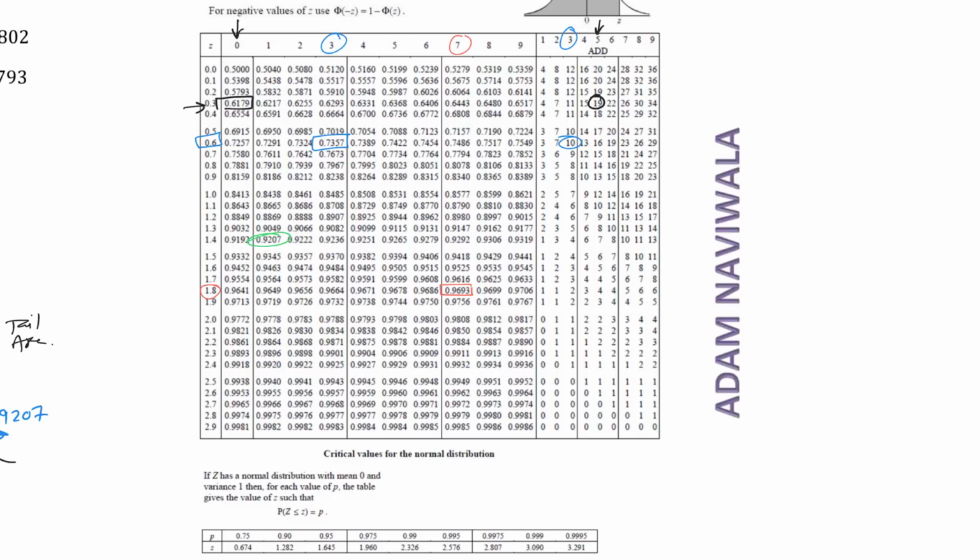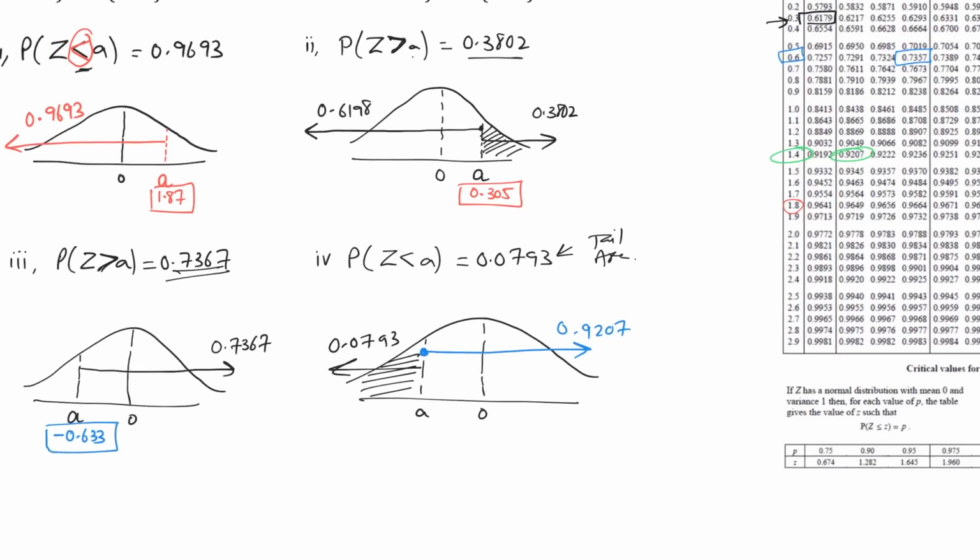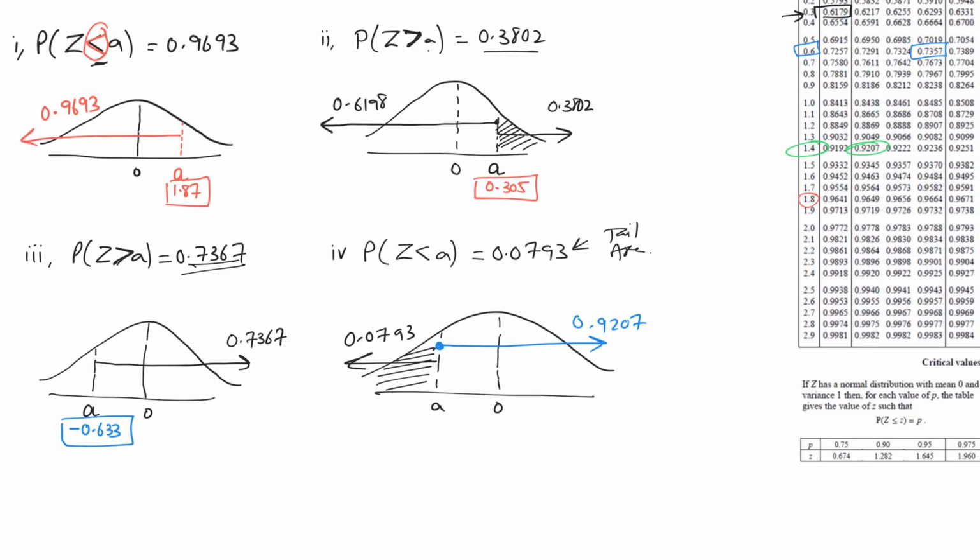So it is occurring at a value of 1.41. But this is negative 1.41 as A is towards the left. So the value of A in this case is negative 1.41.